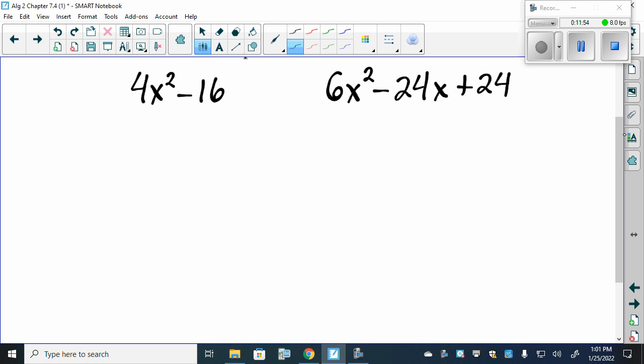So exactly, 4x squared and 16 do have a greatest common factor of 4. And if we factor it out, 4 out of 4x squared will leave us with x squared minus, if I factor 4 out of 16, I'm left with 4.